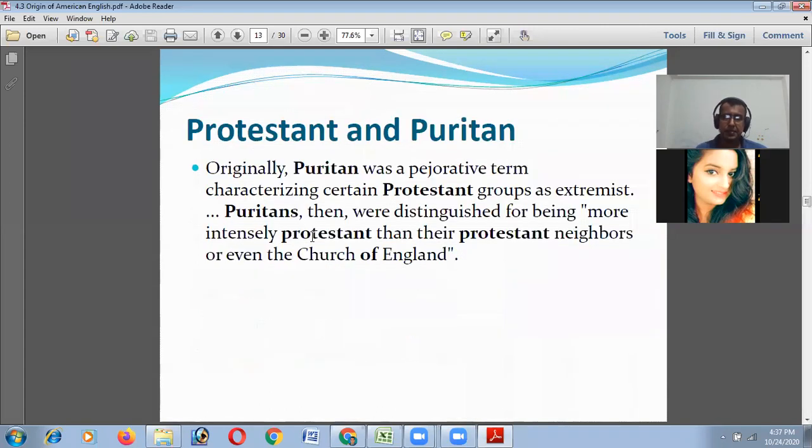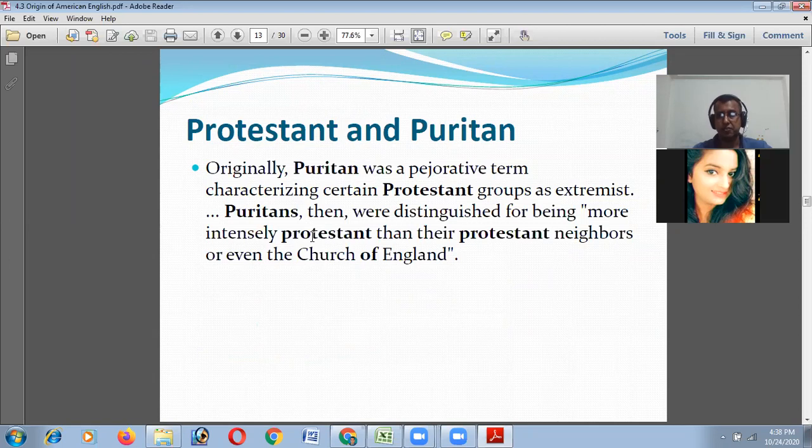And who are the Puritans then? Puritans were a pejorative term characterizing certain Protestant groups as extremist.